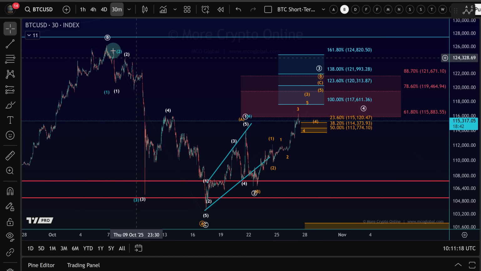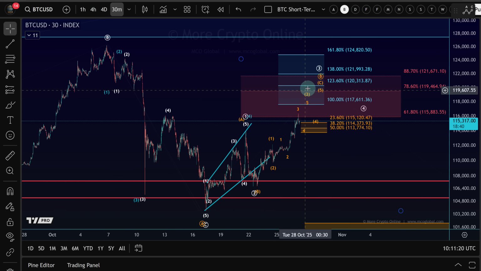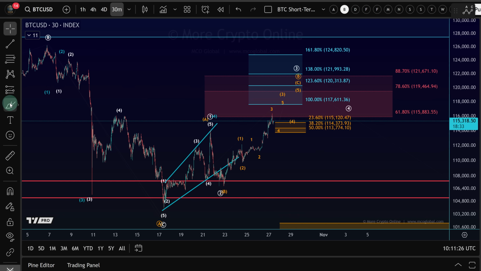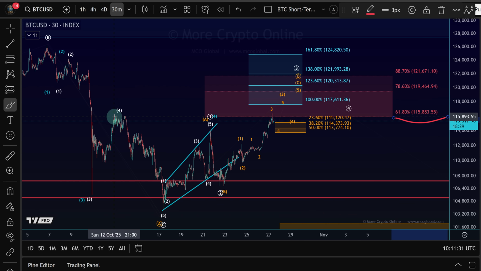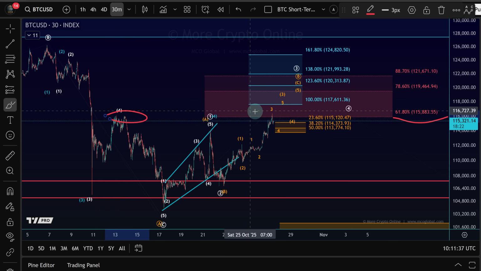We started the decline, and this could be the corrective bounce. So it's also important to understand that this is not only Fib resistance, it's also where we have the previous swing high from the 13th of October. Again, this was mentioned. It's just a resistance level.